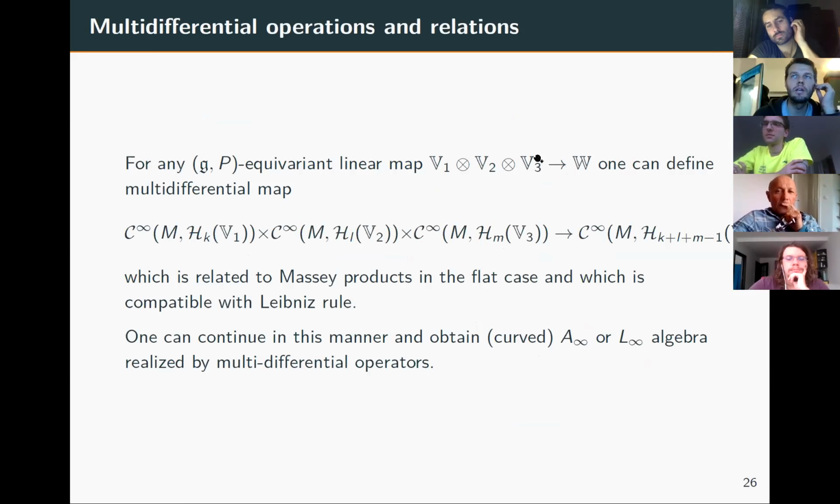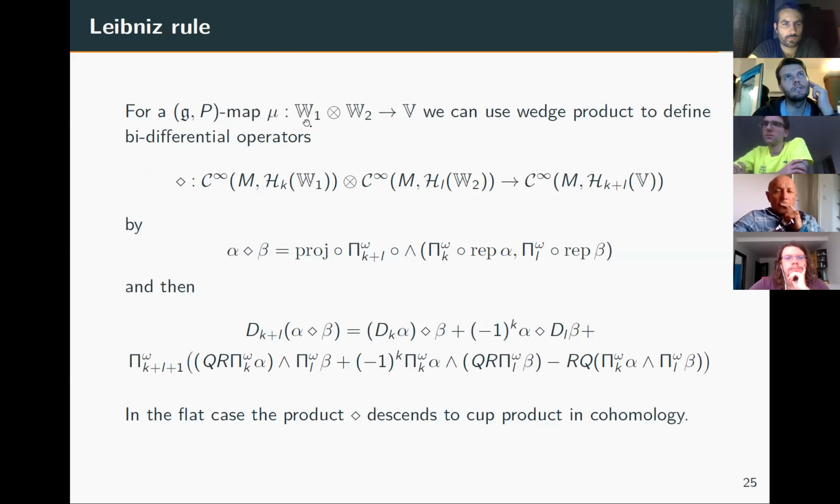So if you take, let's say here, let's say that W1, W2, and V are all the same thing, and it's an associative algebra, which is also a G representation. Then what this gives you is an A infinity structure. Right?